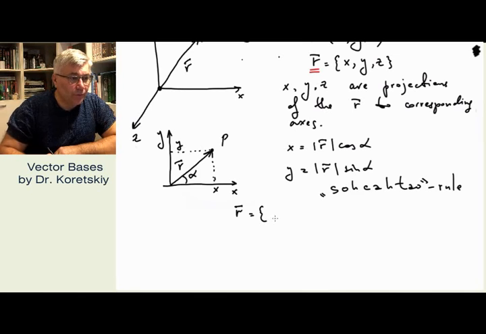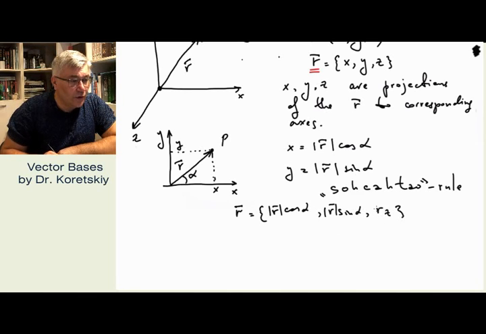Okay, so it means that a radius vector in the very common situation has as its components the vector projections: r cosine alpha, r sine alpha, and here we have rz. I didn't calculate this one.